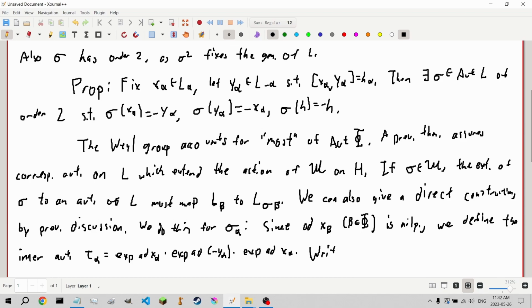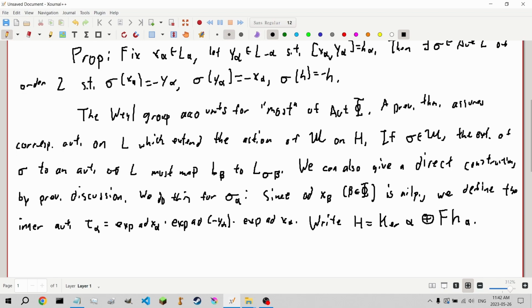So we're going to write h as the direct sum of the kernel of our root alpha, and F, our field, scaling up our copies of h alpha. Then tau alpha of h has to be h for all h in our kernel.